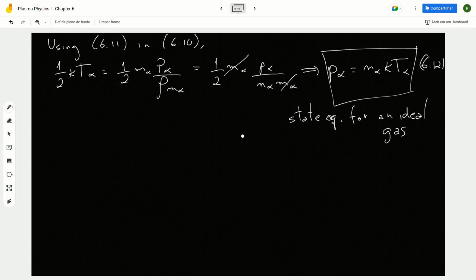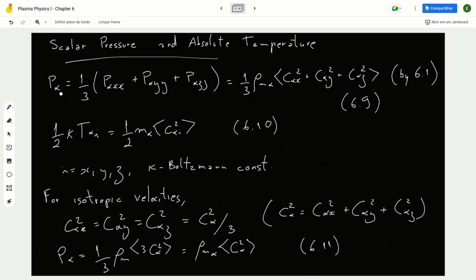Well, I think I'll change the notation a little bit because this may be confusing. My capital P's are looking like the small p. So this is actually a small p. Do not confuse it. Capital P is the pressure tensor. This is not a tensor. This is just the sum of the main diagonal elements, right?